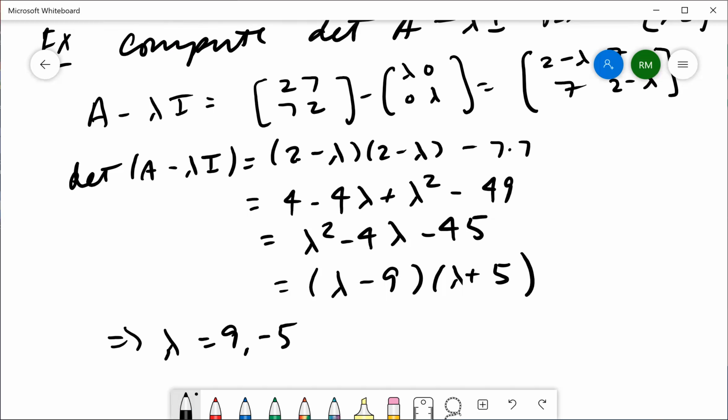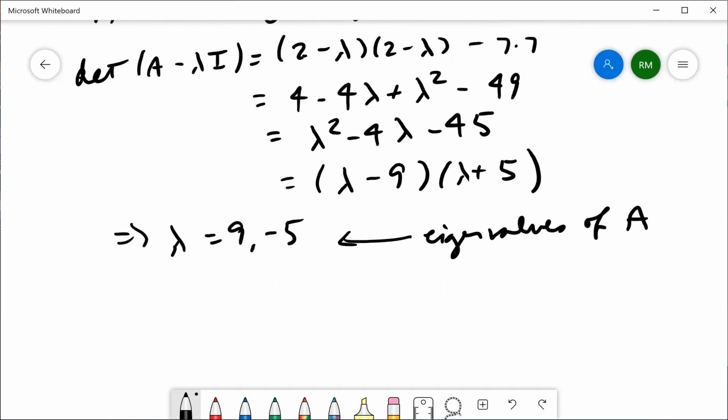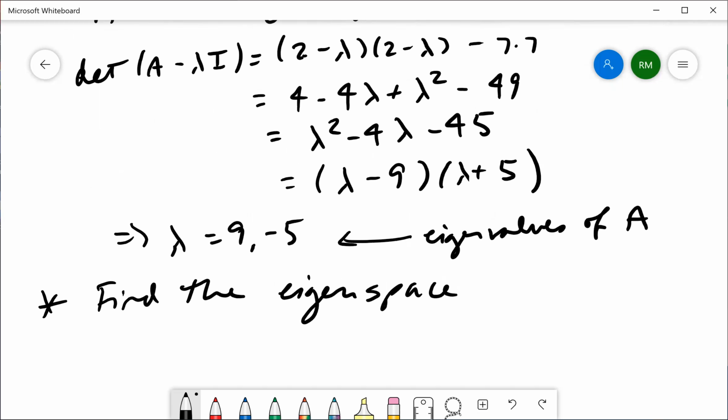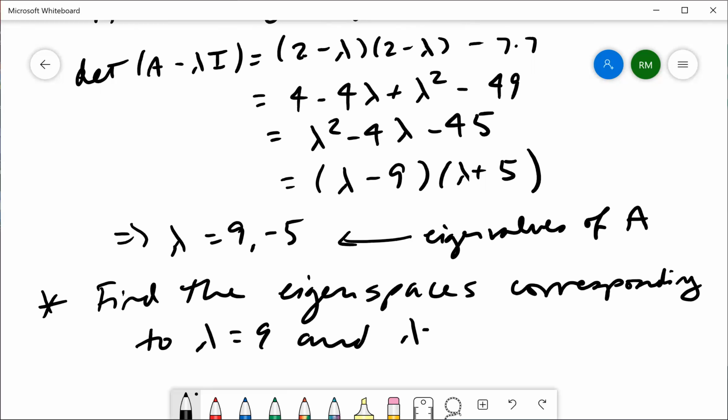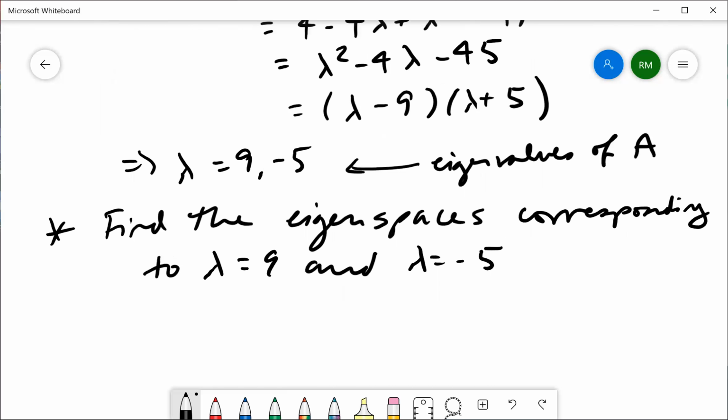So these are the eigenvalues of A. So as a problem for you guys, I want you to find the eigenspace corresponding to lambda equals 9 and lambda equals negative 5. So find the two eigenspaces for those two eigenvalues.